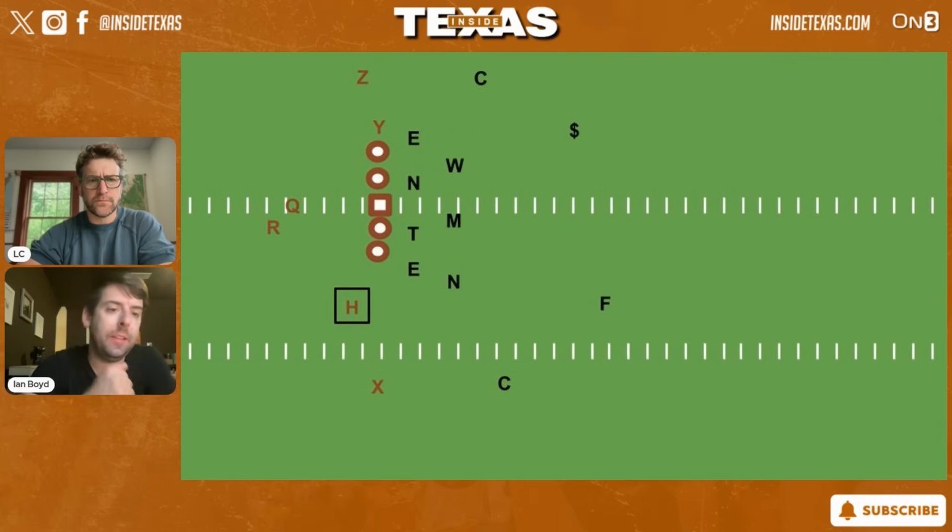Sark likes them to basically do everything. He loves if he can send them deep to occupy safeties, maybe just so he can get an outside receiver one-on-one with a corner. He also likes when these guys can play close to the formation and block.